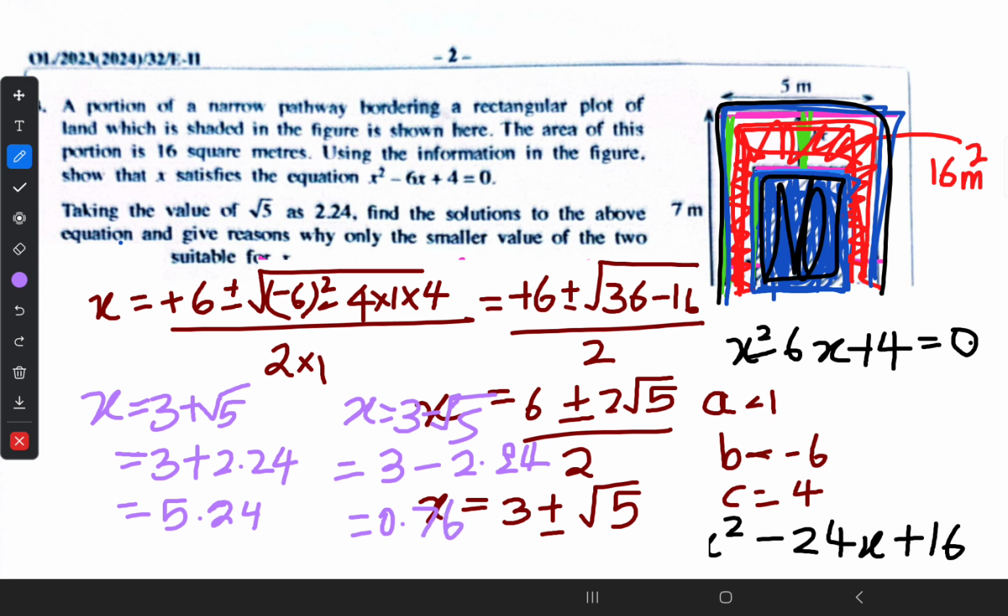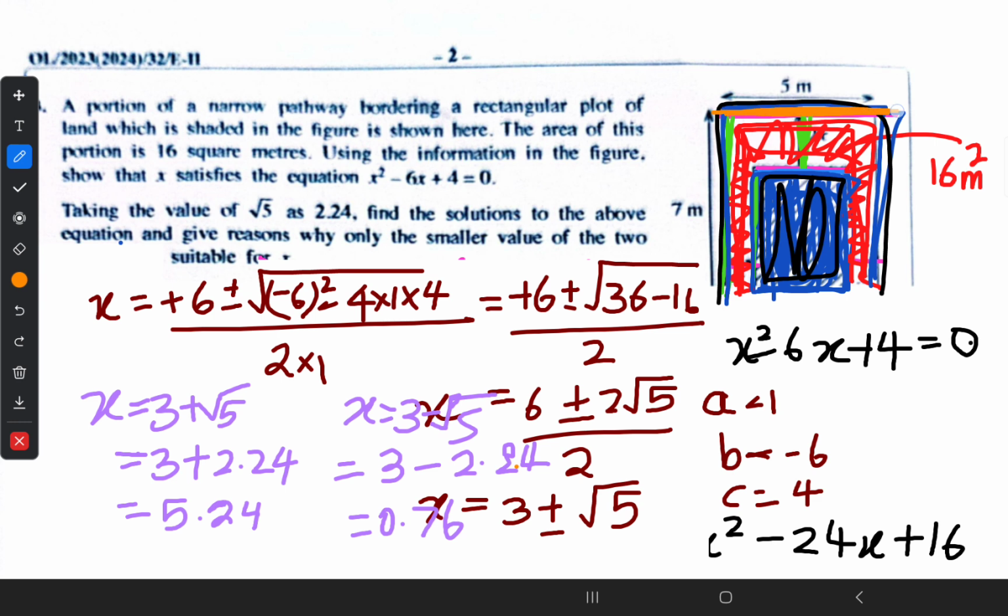Now, in these two solutions to the above equation, give the reasons why only the smaller value is suitable for x, because somehow we got two answers. Only one would be the desired one. Only one is correct, because x cannot be 5.24.